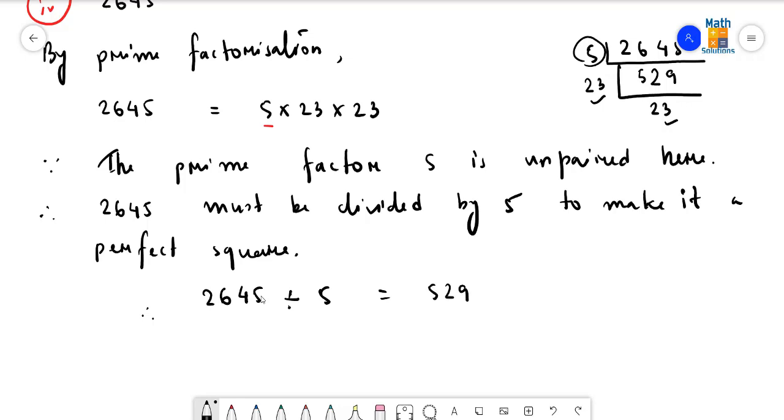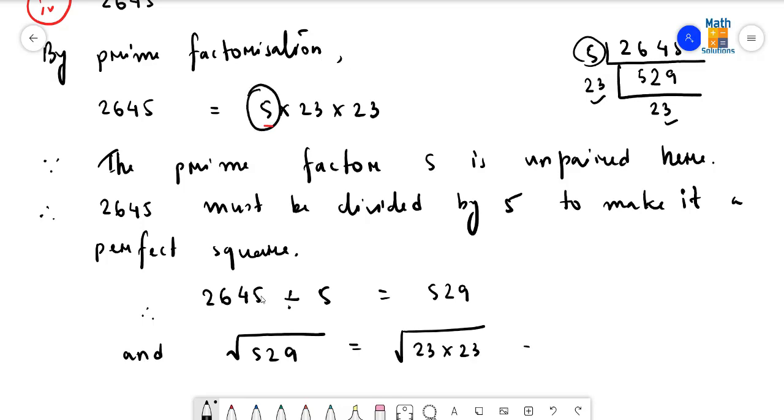So the quotient that comes here is 529, and the square root of 529, excluding this 5, I shall have to write 23 into 23, and only 23 will come out from this pair, and this is the required answer. So that's the way the questions of question number 6 can be solved.